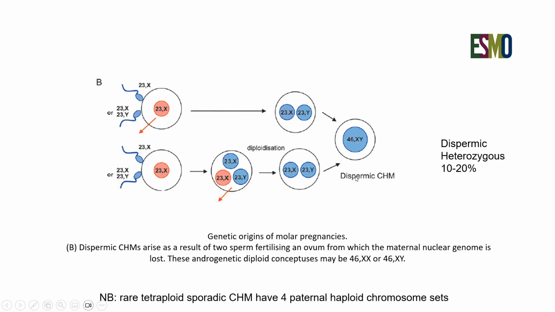The second scenario is that we have two sperms fertilizing the ovum that lost the maternal genetic material either before or after fertilization. Then we have again a 46 that might be actually an XX or an XY, but at the end of the day, it's dispermic because it came from two sperms, and this is less in incidence.